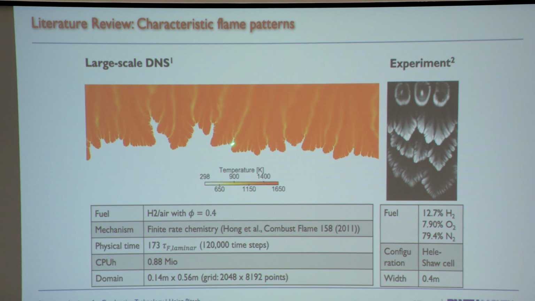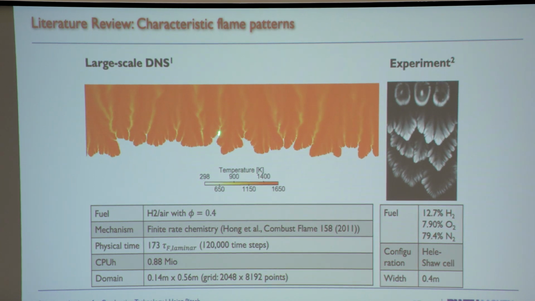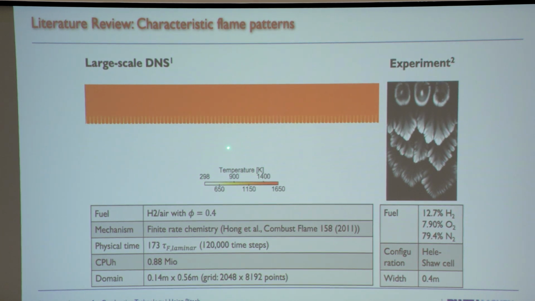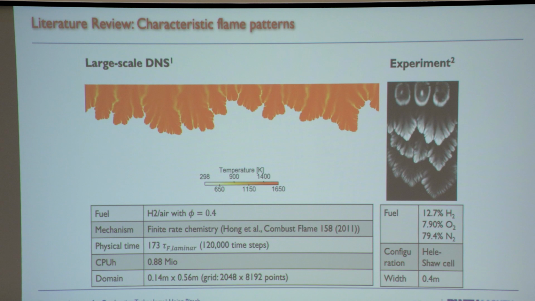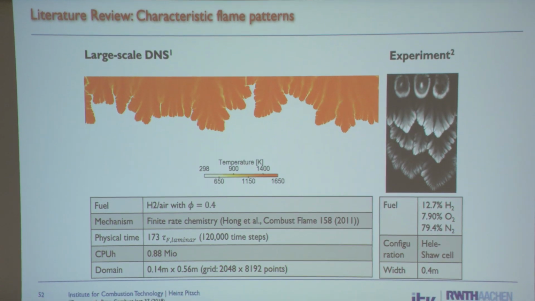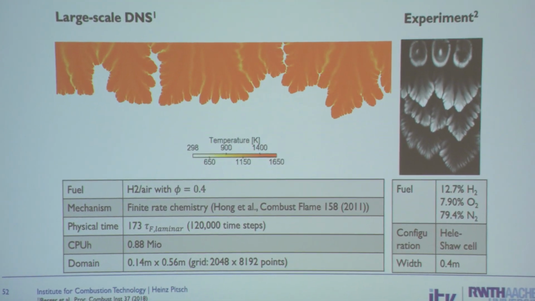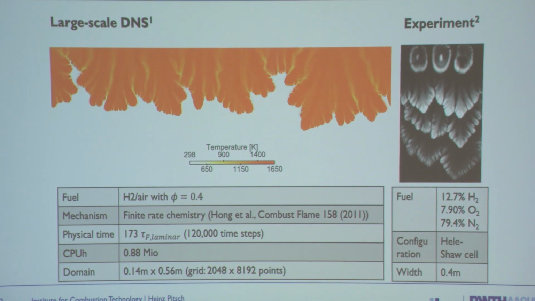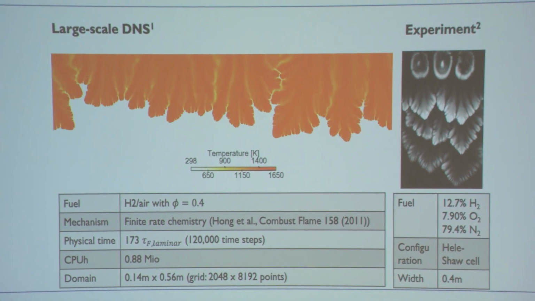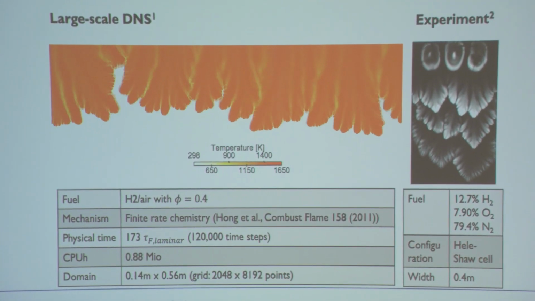And you see especially the regions where you have the negative curvature, you get these trailing low temperature regions. Isn't that interesting? If the equivalence ratio is the same, why is the temperature different?